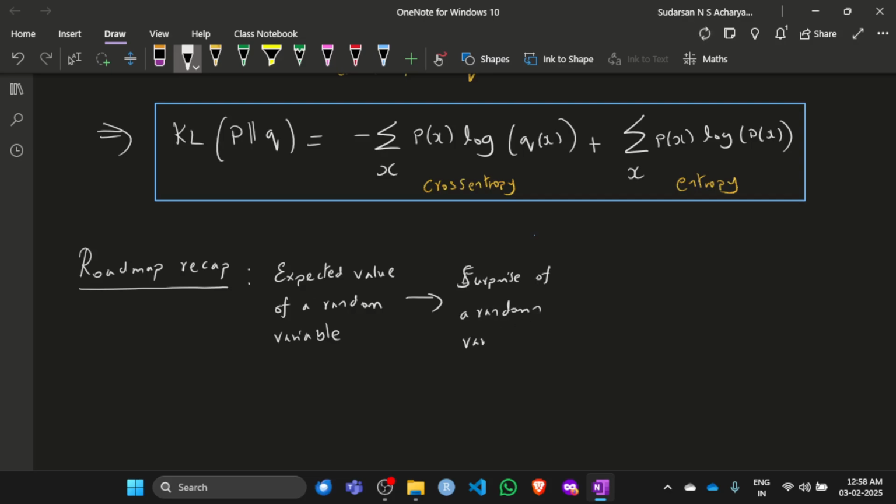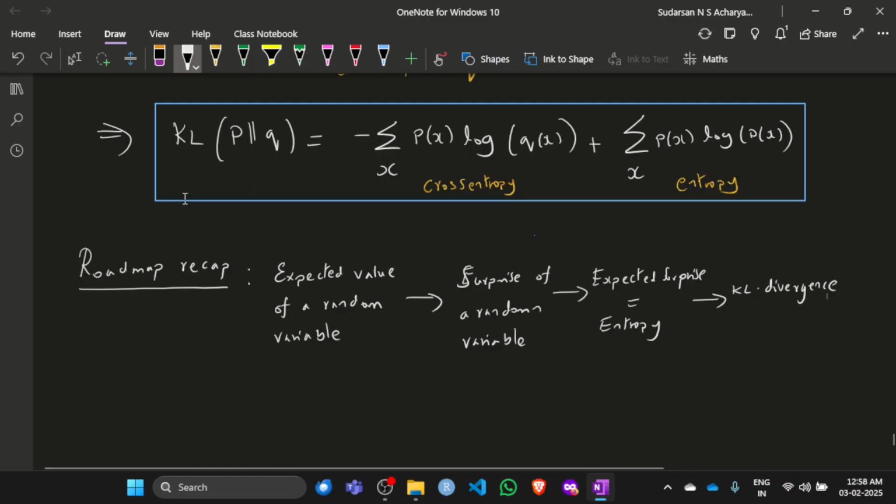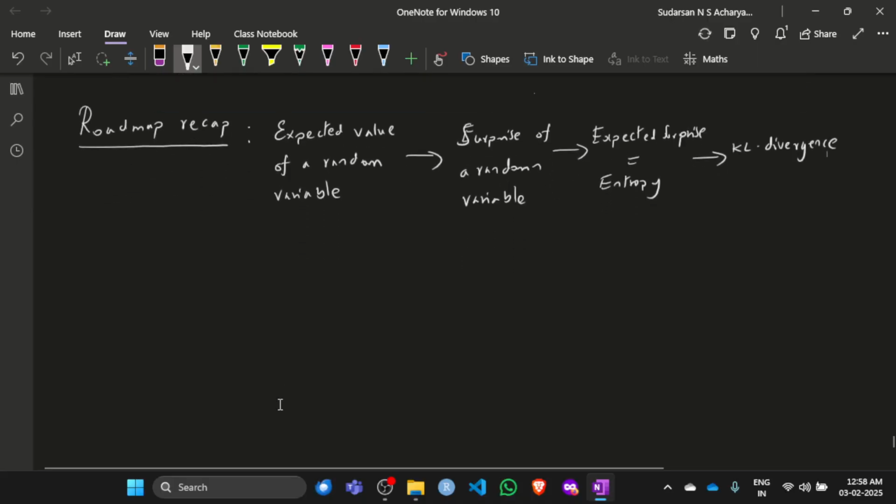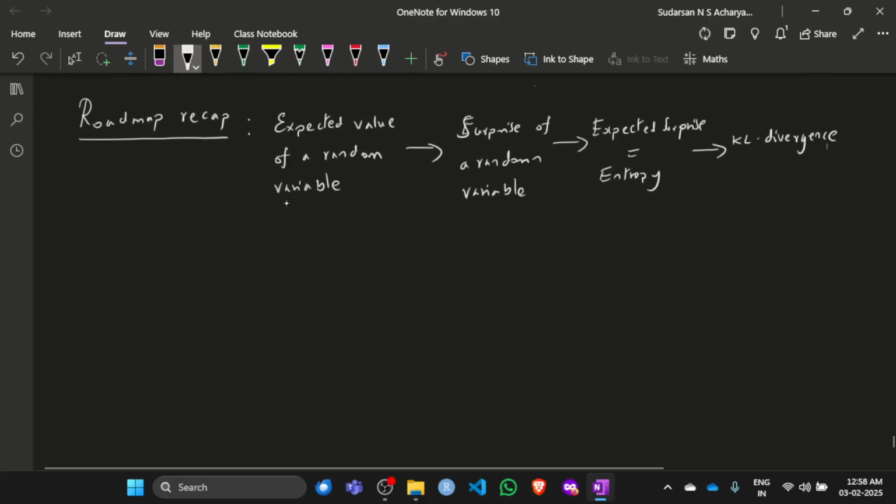And from there, we talked about the expected surprise associated with a random variable, which is what we called the entropy. And we tied that together with the notion of KL divergence, which is basically the divergence or separation between two distributions, right? Okay, so now where does the cross entropy loss come into play?